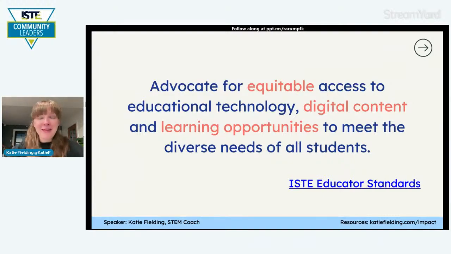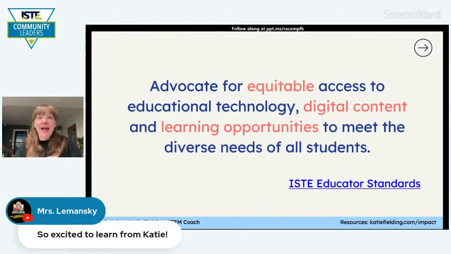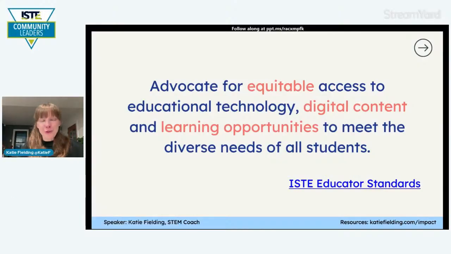And I hope that some of the things that I will show you along the way will give you some ideas of how you can bring accessibility and making sure your digital content that you give students is accessible, as well as the way that you design learning opportunities is accessible in your class. And then ultimately, what I hope happens is that as you adopt these practices, you also pass them on to your students.